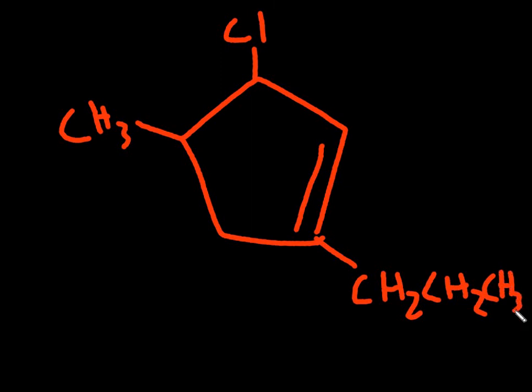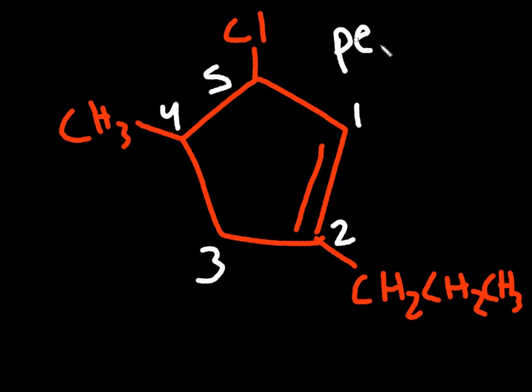Okay, so where would we start counting? Remember, alkenes and alkynes have the most priority. So we can start there. 1, 2, 3, 4, 5. So we know that this is a pent.